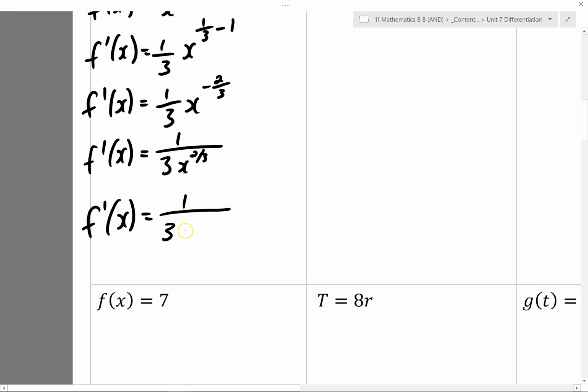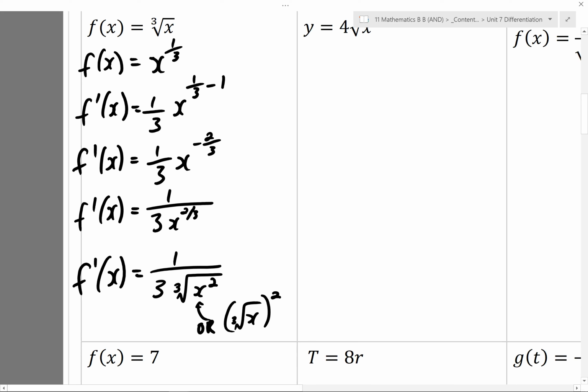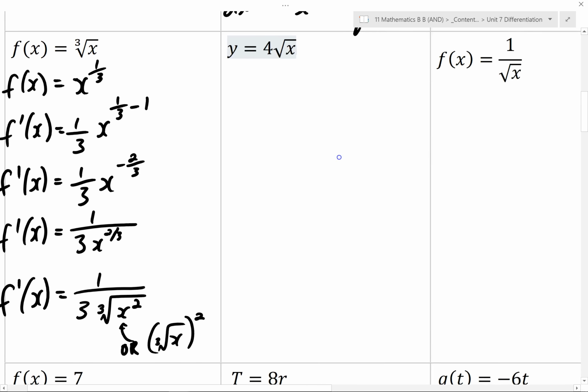So it'll be 3 cubed root of x squared. An alternative way of writing this could have been the cubed root of x squared. Either way is fine, and you need to know that both of these work because you might need it for different reasons.